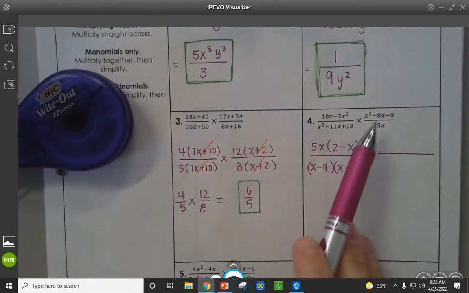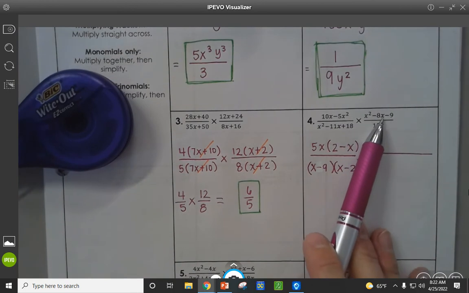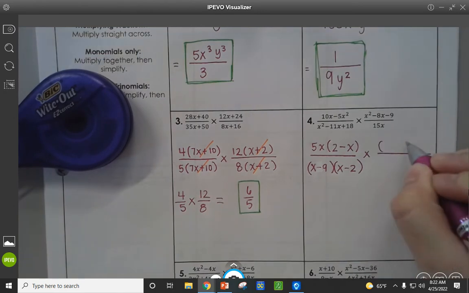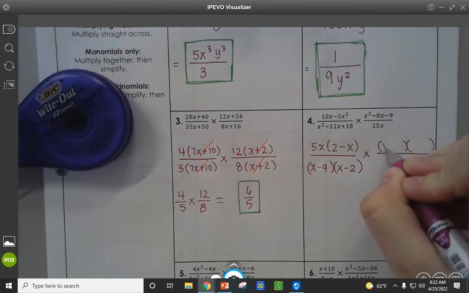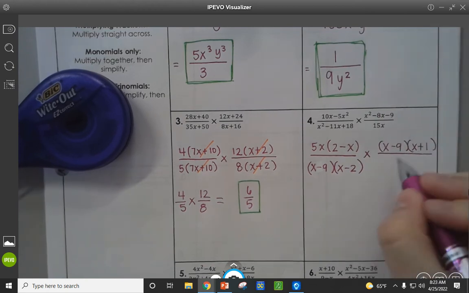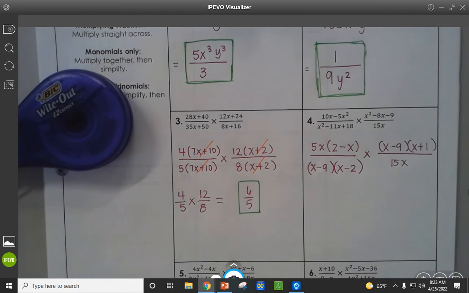Yep. What over here multiplies to be negative 9 and adds to be negative 8? Negative 9 and positive 1. And then 15x is just 15x.